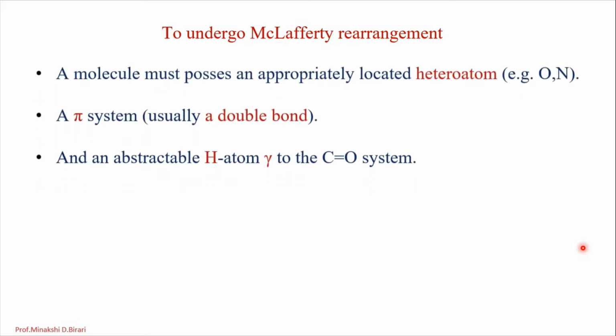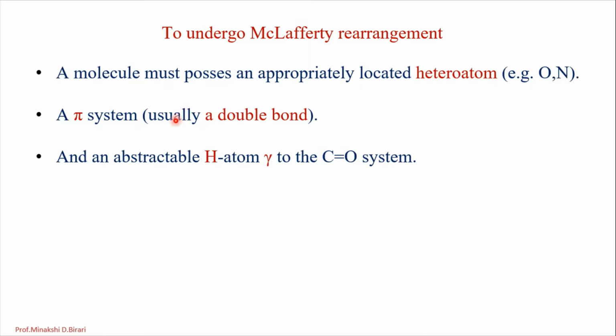So to undergo McLafferty rearrangement, what should be the criteria? The first important condition is that the molecule must possess an appropriately located heteroatom, that may be oxygen, nitrogen, like that.